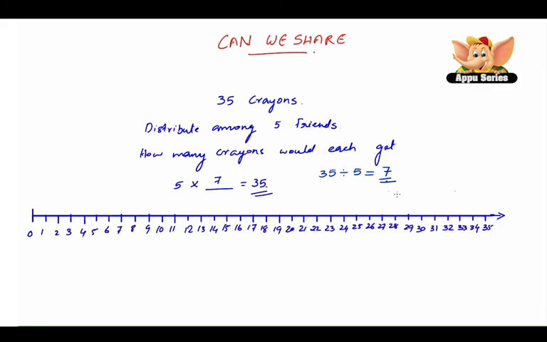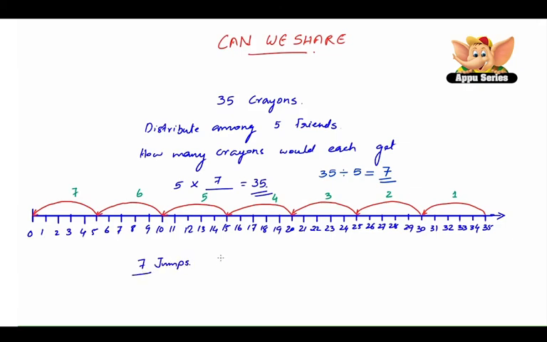All right, let's try it on the number line. So here's the number line. From 35, we'll jump back 5 numbers each time up to 0. Here we go. 1, 2, 3, 4, 5, 6, 7. There we go. We took 7 jumps. So 35 divided by 5 equals 7.